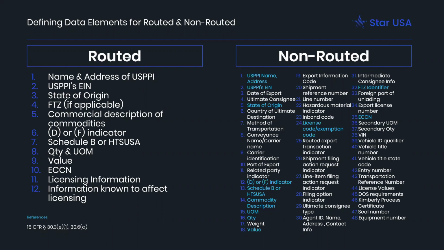On a routed transaction, that's what a USPPI is responsible for providing to the agent who is doing the filing. Again, in a routed transaction, the agent works for the foreign principal party in interest, the foreign buyer.